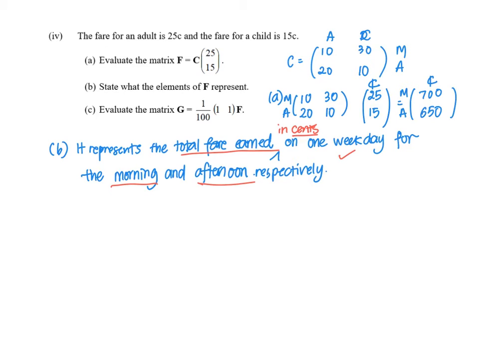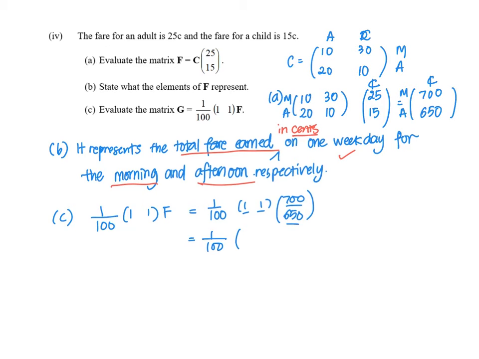Next one, part C. Part C asks us to evaluate the matrix G is 1 over 100 times (1, 1) times F. Let's work this out part by part. I will keep this scalar multiple and work out the matrix multiplication (1, 1) times the matrix F first. So (1, 1) multiplied to 700 and 650 will give me 1 over 100 times (1 times 700 plus 1 times 650).